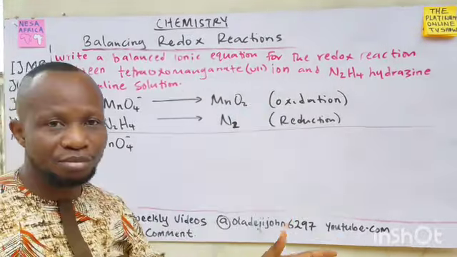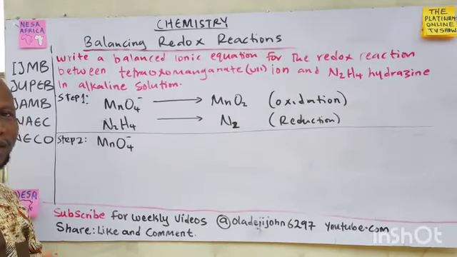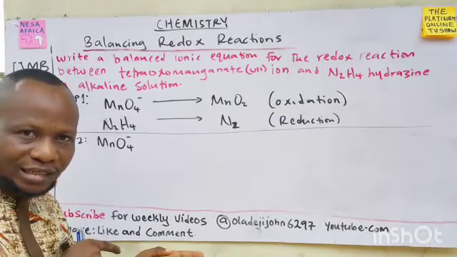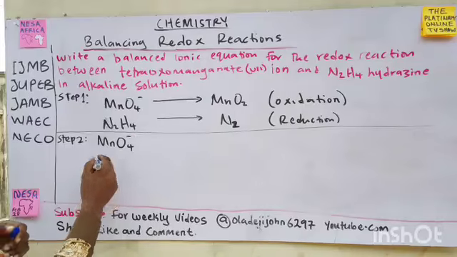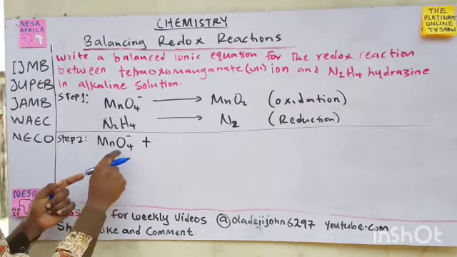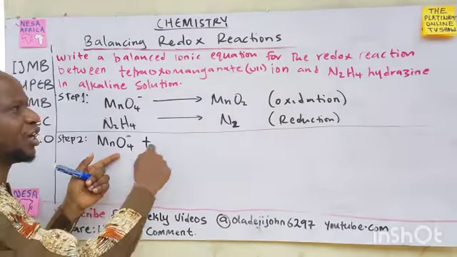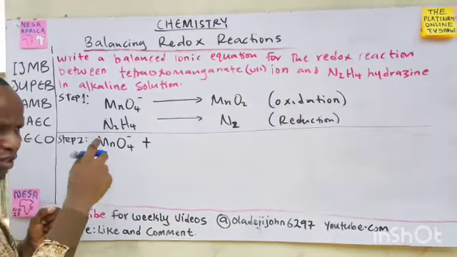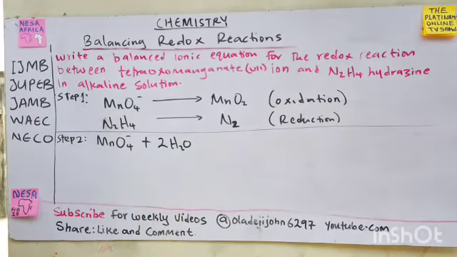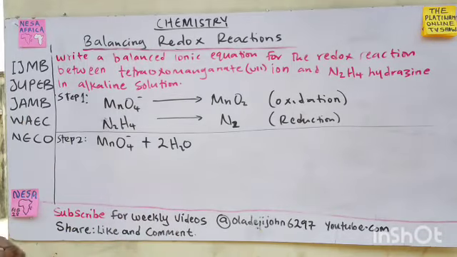This is the basic medium now, so we'll be adding water and hydroxide ion, because it is a reverse of acid-base. We'll be adding water first. How much water will be produced? Remember, 2 oxygen has been used up, so we have 2 oxygen left, which will produce 2 molecules of water, 2H2O.